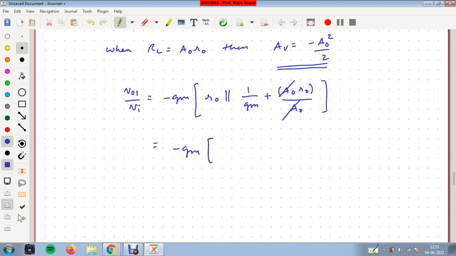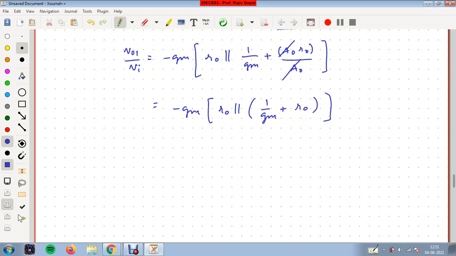So this will be R naught parallel 1 by GM plus R naught. Obviously, when we assume GM R naught to be greater than 1, it is as good as saying R naught is greater than 1 by GM, so 1 by GM you can neglect.